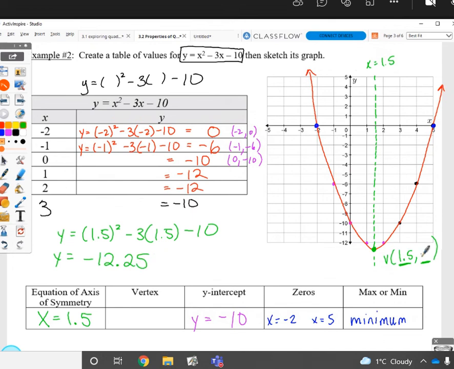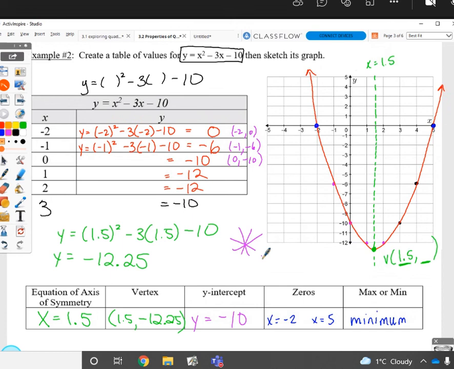So our vertex here would be, well, we know it's 1.5, negative 12.25. Now that right there, folks, is a giant, enormous stretch. Maybe too soon for that right there.